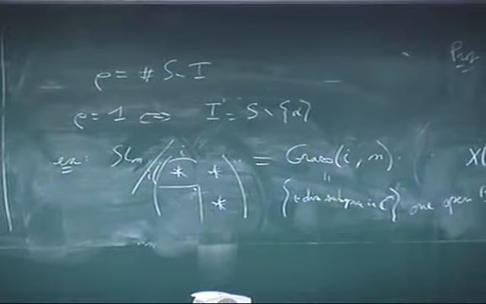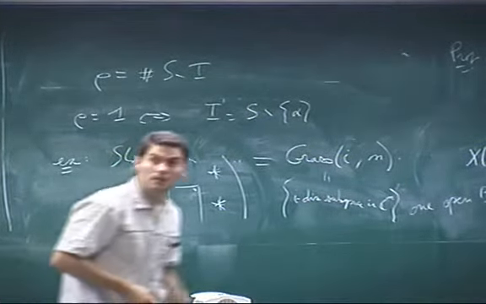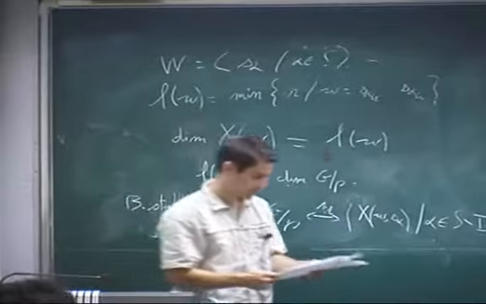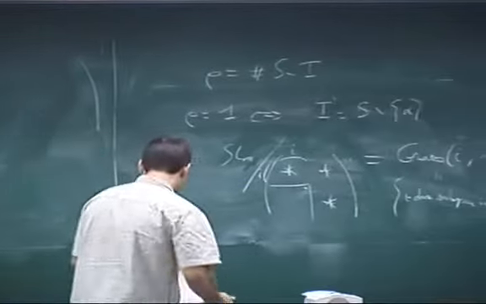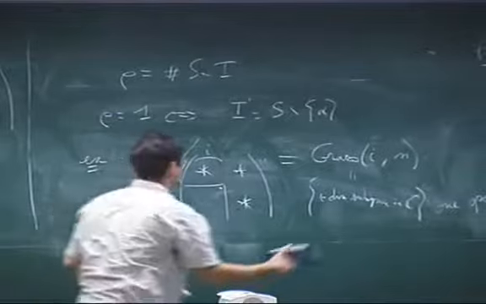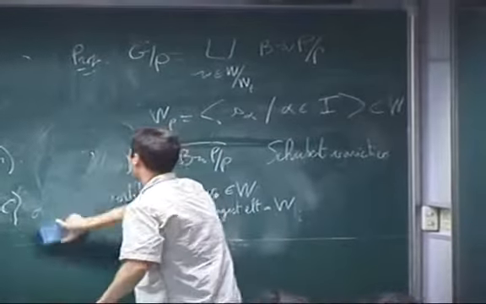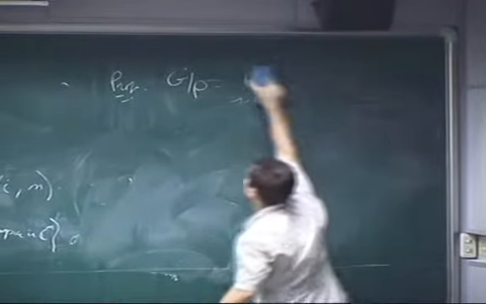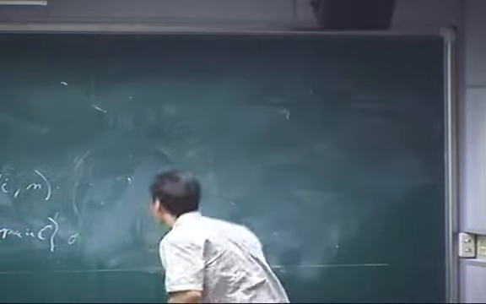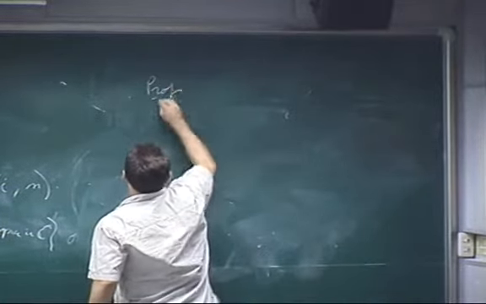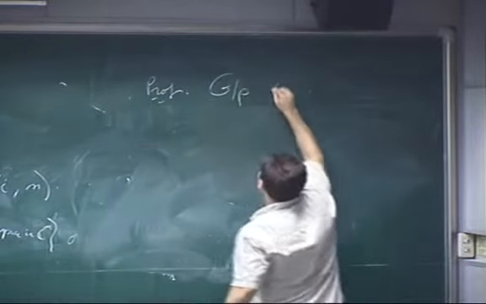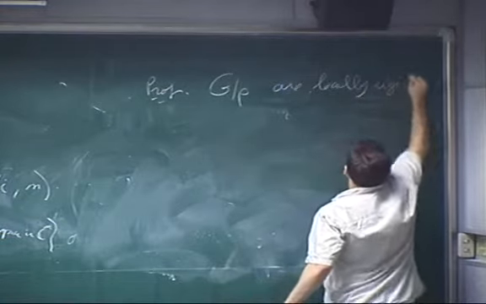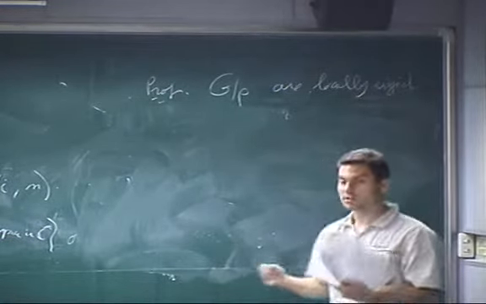Okay. So maybe I just say two geometric properties of flag varieties. So the first one is that G mod P are locally rigid. So it does not admit local deformation.